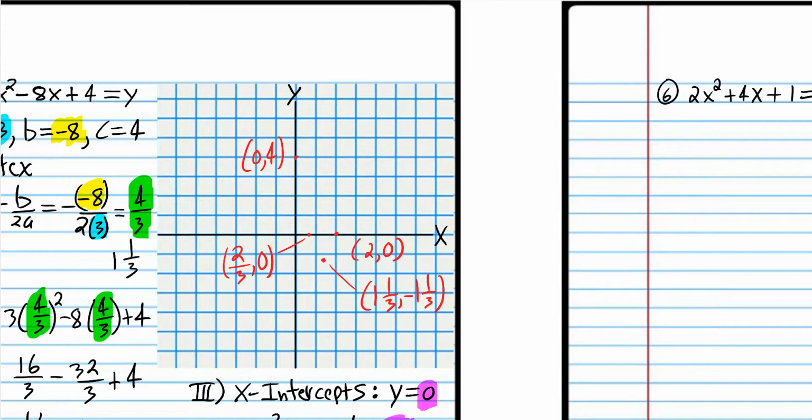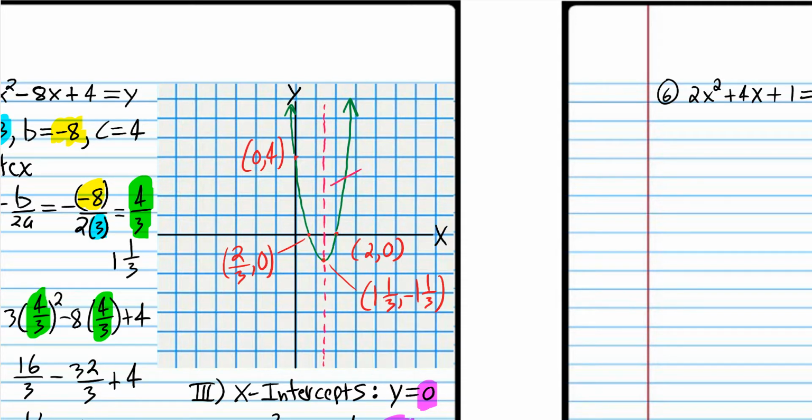And now we're ready to connect the dots. Again, we could make a more accurate parabola if we plotted more points, but I'm not going to make you do that because that's just more work. As long as you have the main idea.